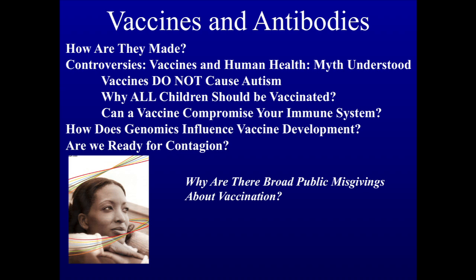This brings me now to vaccines. Vaccines and our immune system. Our immune system, you know, makes antibodies. And vaccine development is intimately tied to antibody production. So I want to put those together right here, because DNA-based technologies are vastly affecting the way we make vaccines.